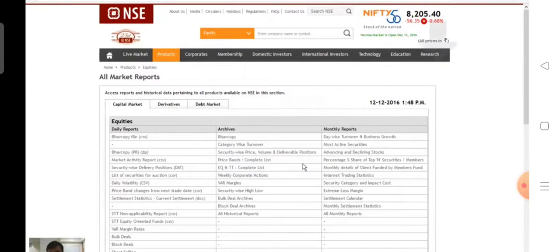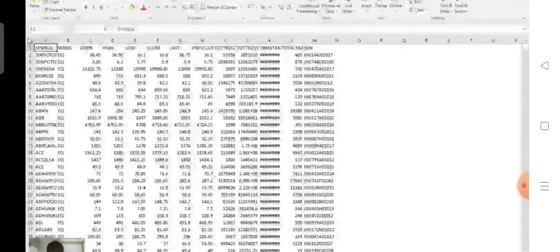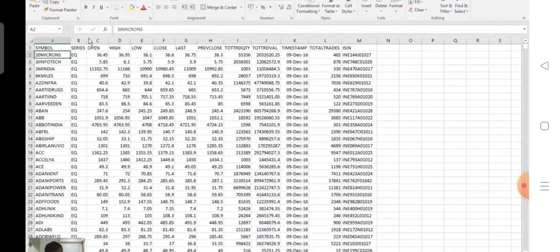So I'm just opening up the zip file, and let me see the Bhav copy of the cash market segment. The cash market segment gives me the name and the series. EQ is the largely used series. You can have trade-to-trade stocks also, giving a different name to that series. That's a different discussion altogether. Then you have open, high, low, close, last price, previous close price, and total traded quantity.